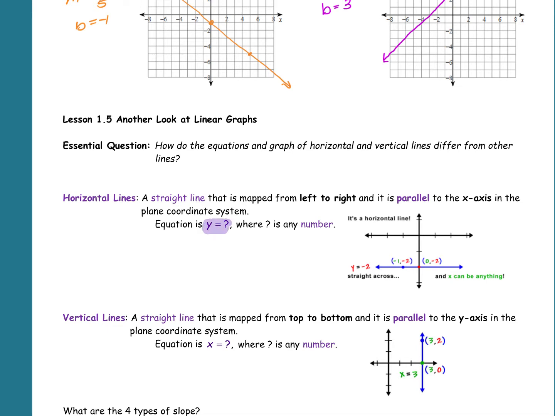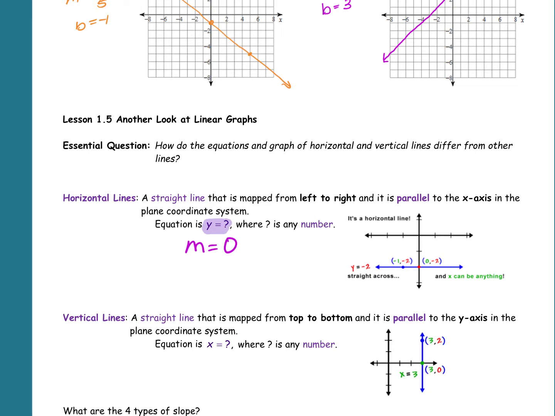I don't care what the number is, but it's just a number. There's no other variable. It's just y equals some number. That means it's a horizontal line. And it could be any number. Doesn't matter. The slope for this is 0.